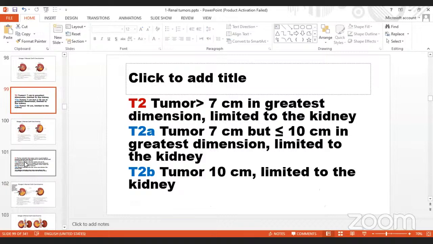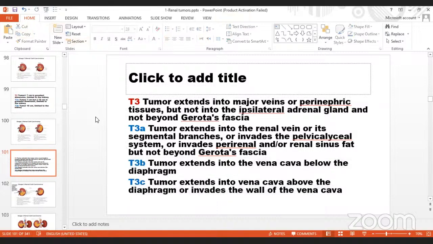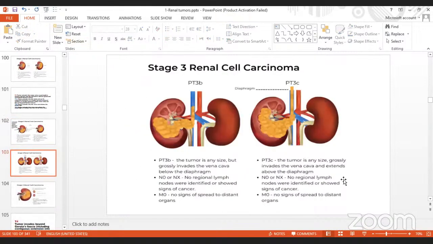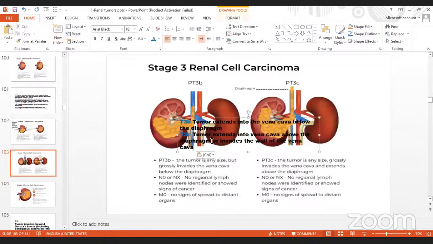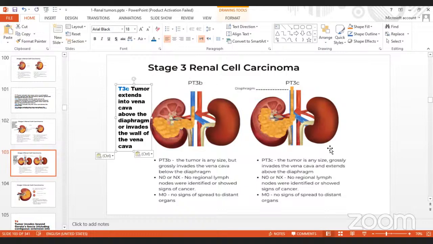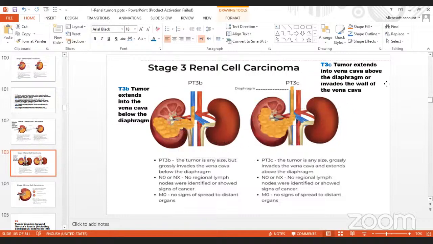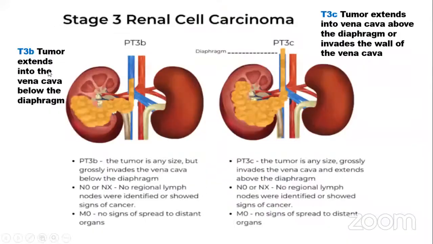When we come to T3B and T3C, we will see if the tumor is T3A, B or C. T3B is where the tumor extends into the IVC, as you see here.